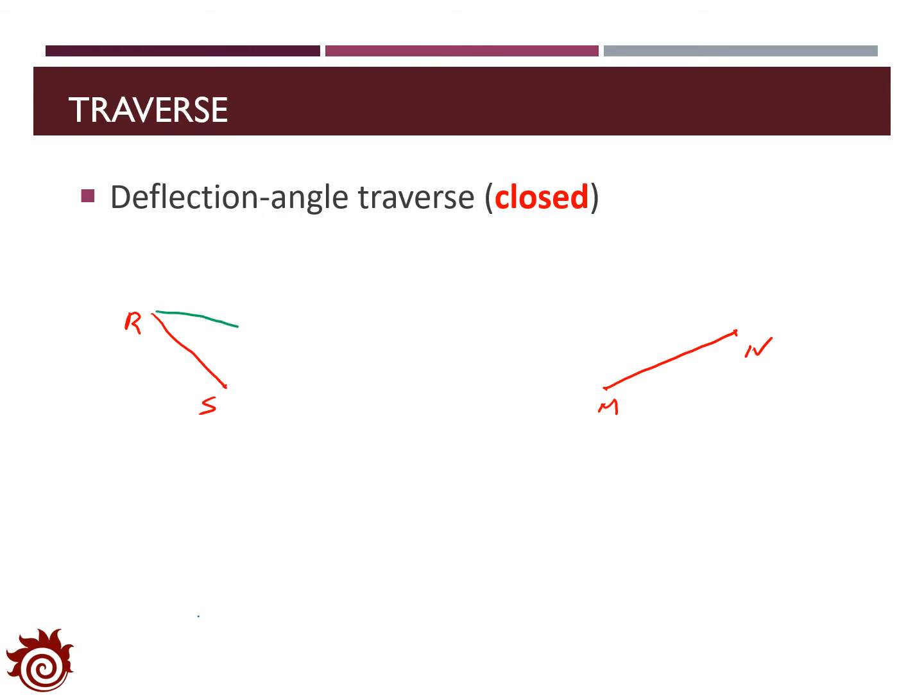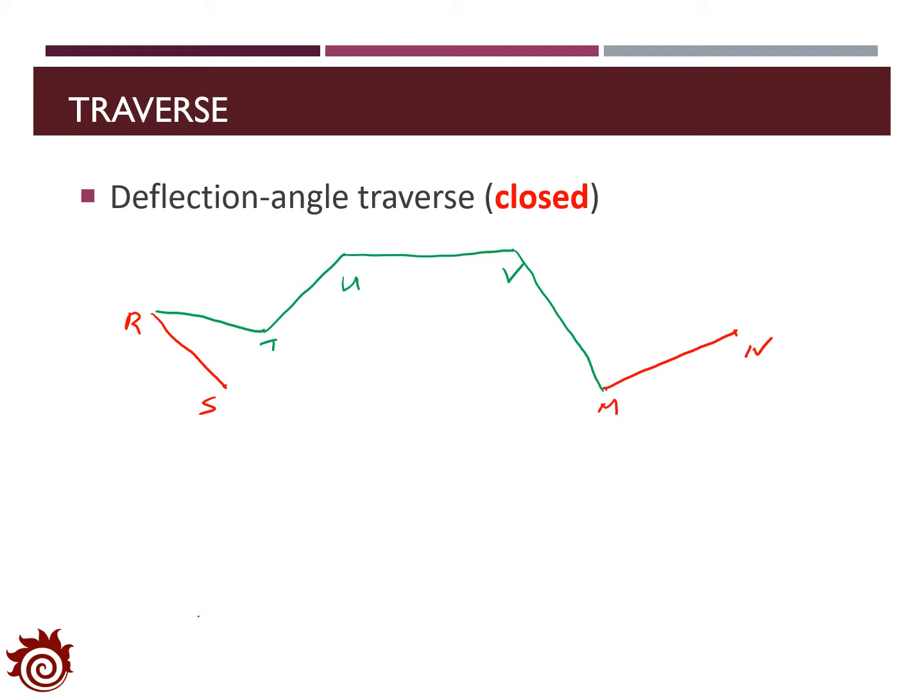Say we have 1, 2, 3, and 4 lines. The intermediate points would be T, U, V. And we measure the deflection angle at all these turning points.